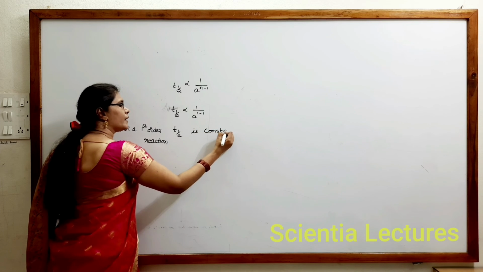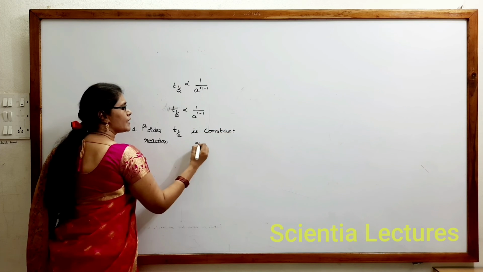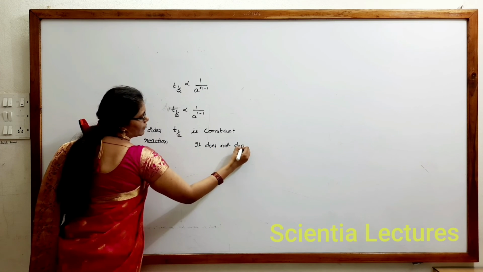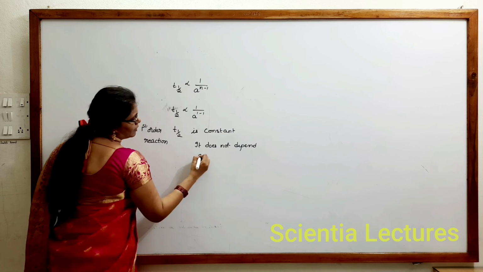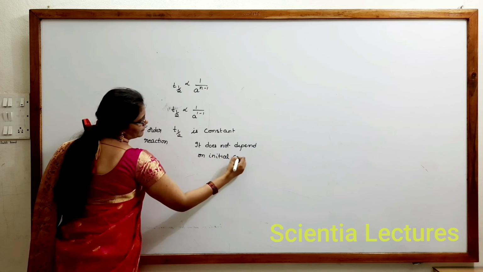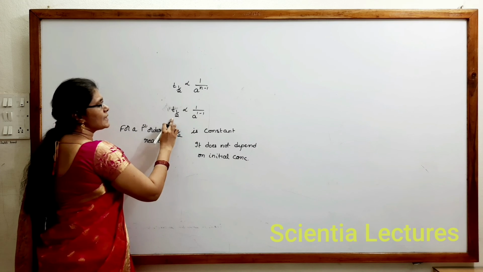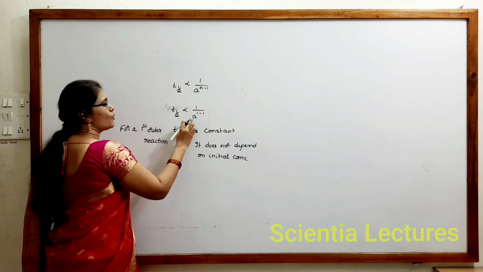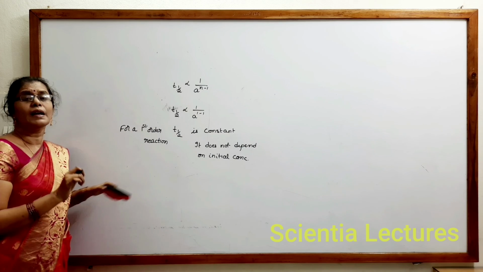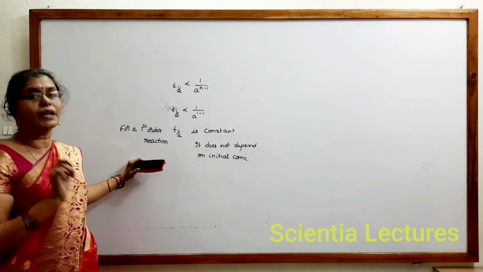It does not depend on initial concentration, because you can clearly see that T half is proportional to 1 by A power 0. So T half is constant. It does not depend on the initial concentration of the reactant.